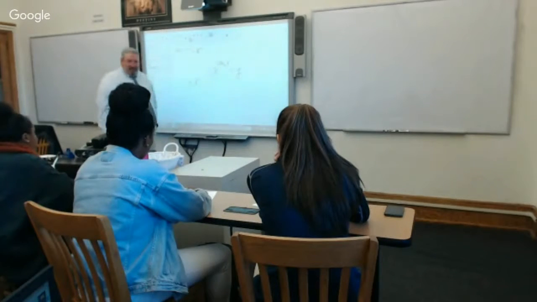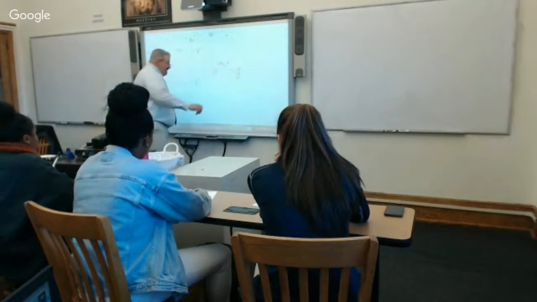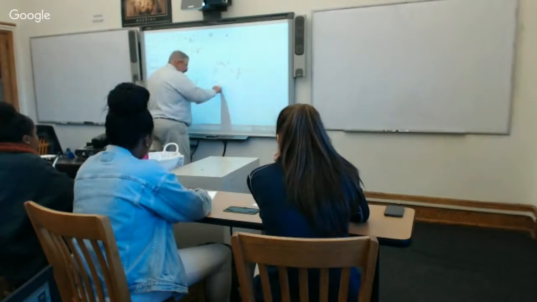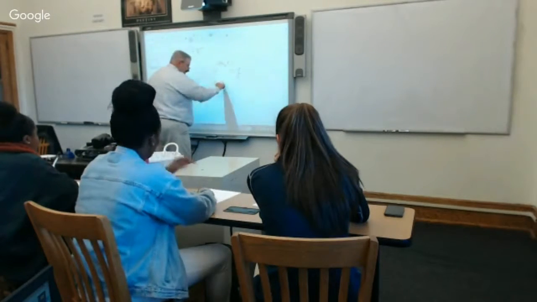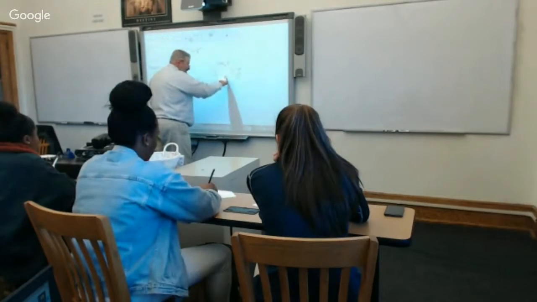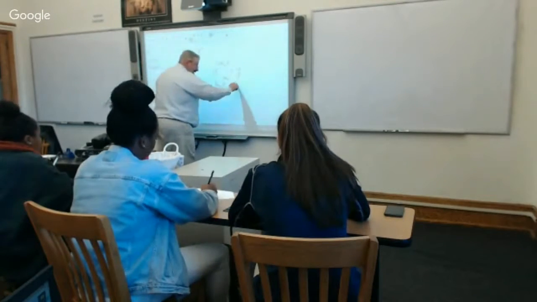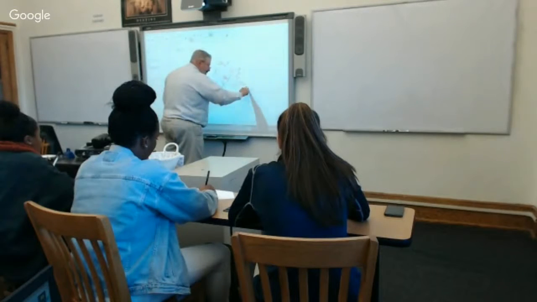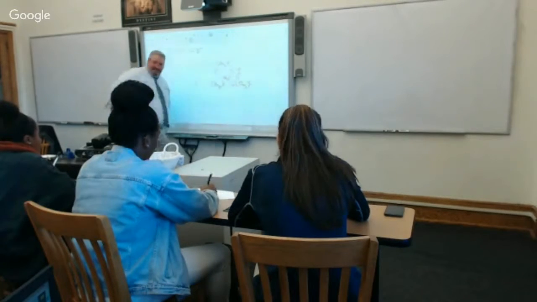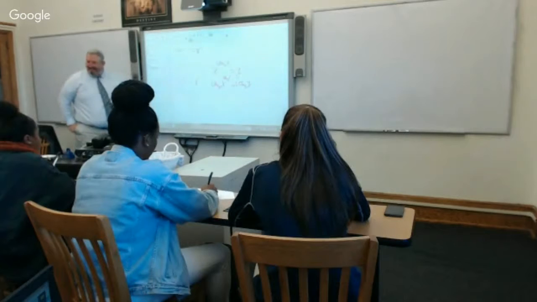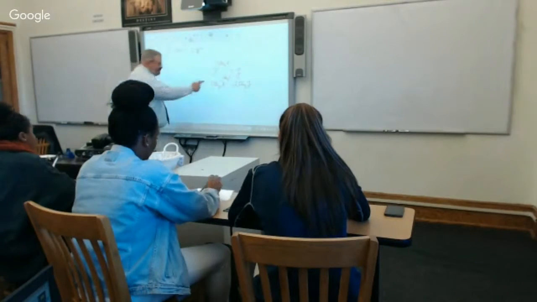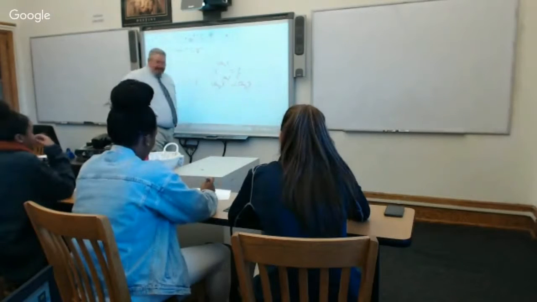Now I'm going to take the log base x of both sides. So I'm going to take the log base x of x raised to the log base x of r equals the log base x of y. Any problem with that? So now the exponent comes out front, correct?